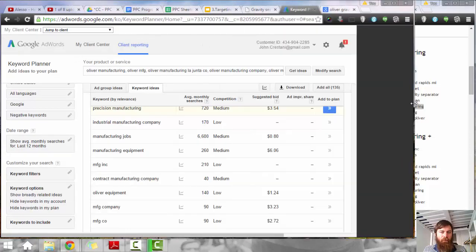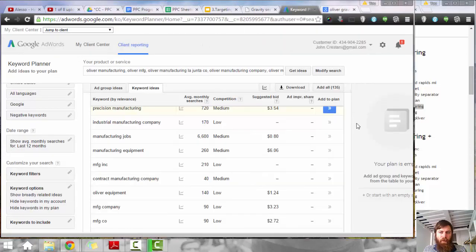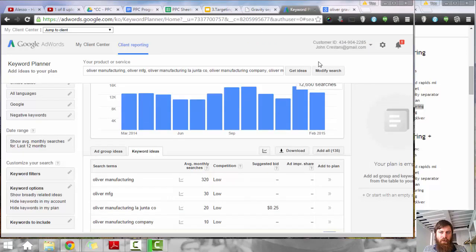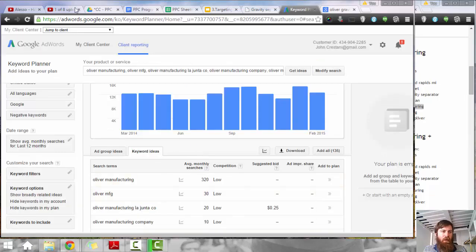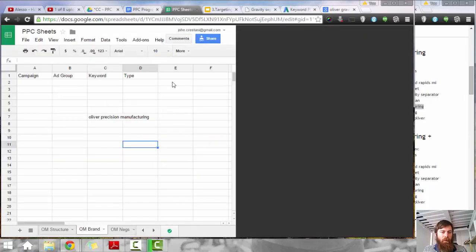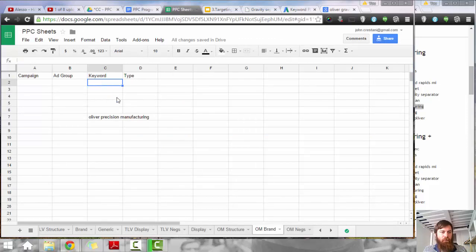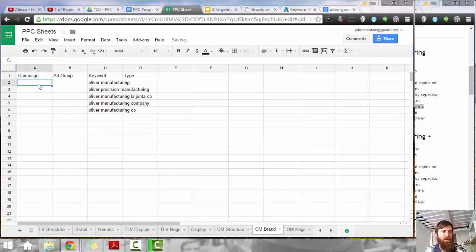Let's bring this up here. First I'm going to grab the current keywords we've got, go back to our sheets, and get rid of Oliver MFG. I'm going to throw in Oliver Precision Manufacturing. Brand.